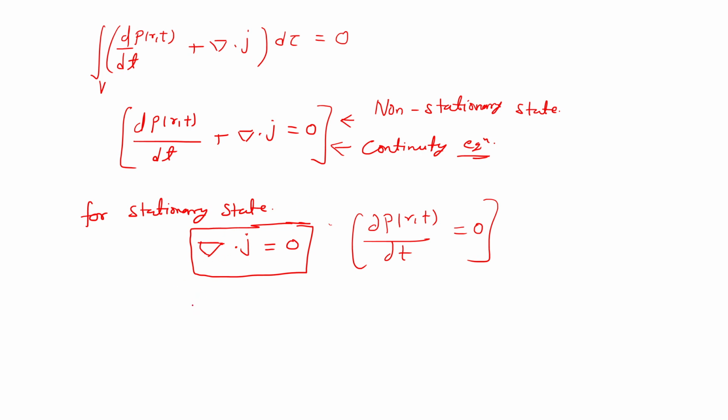Now we can change it into other forms. Del dot J I can write as... now we can convert it into a closed loop, J dot ds, with the appropriate theorems, and here we have closed integration J dot ds equal to 0. So what does this represent?